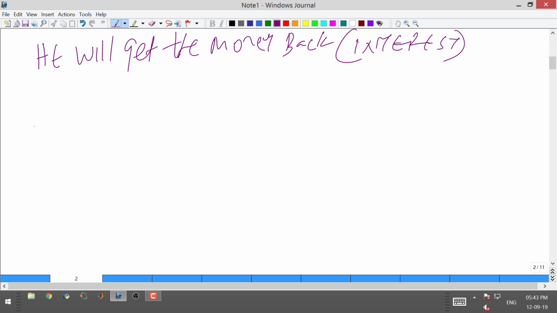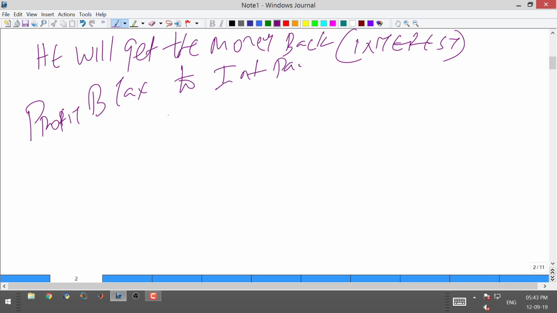So, you look at how many times the profit before tax covers the interest payment. In this particular case, let us look at the financial charge. There is a finance cost of 3458.